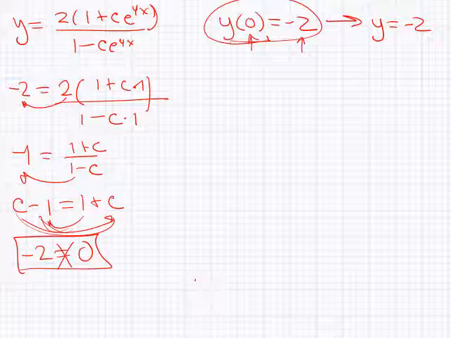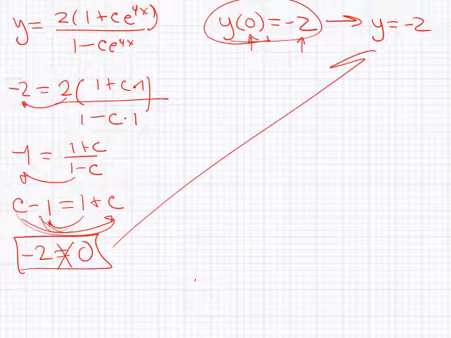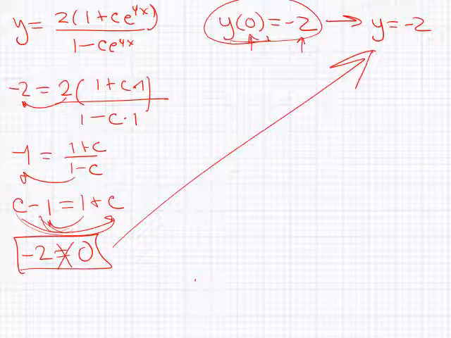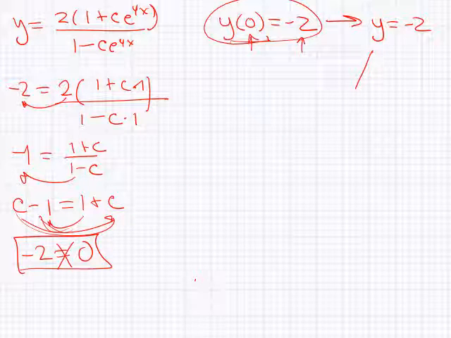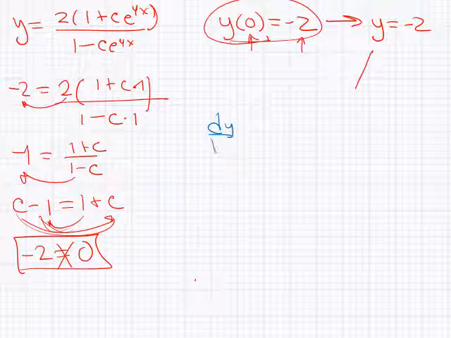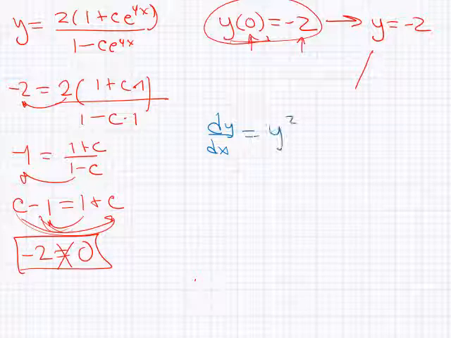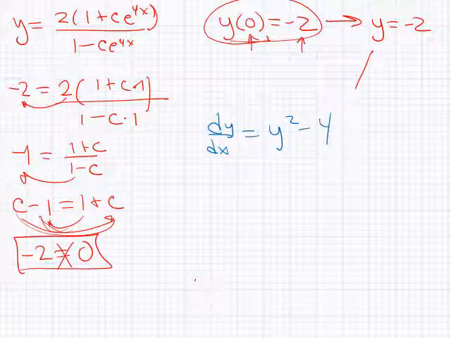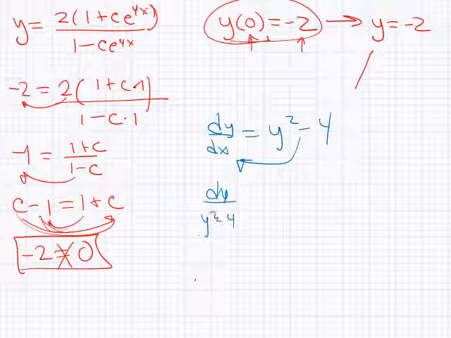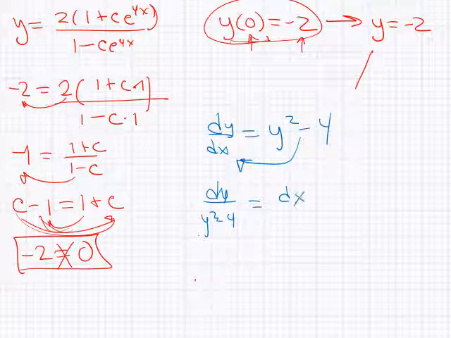And it has to do with a lot of what we did in this problem, mainly from the very beginning. The big thing is it didn't pop out what we wanted, which was this equation. And there's a reason for it. The reason for it is from the very start: dy dx equals y squared minus 4. What we did is we divided by y squared minus 4, so we got dy over y squared minus 4 equals dx.